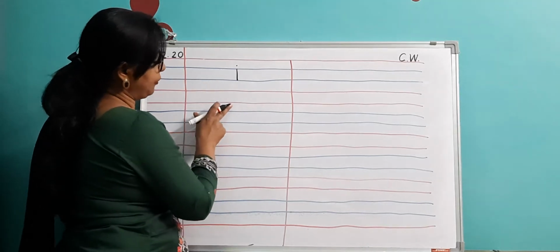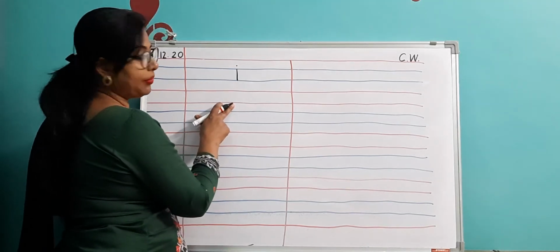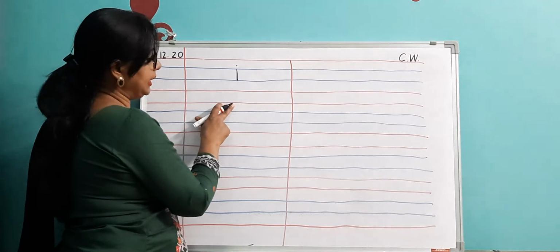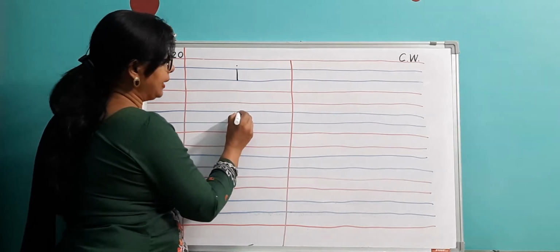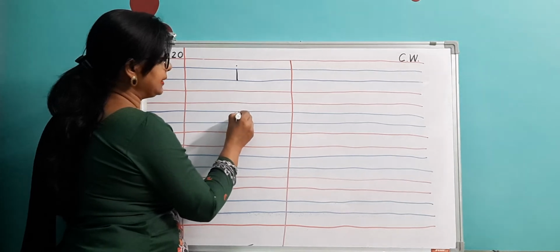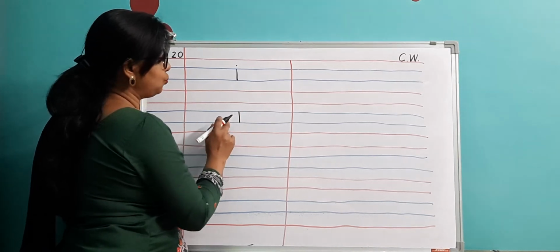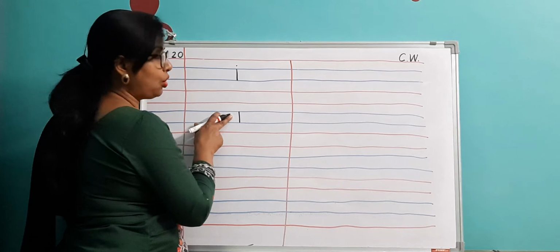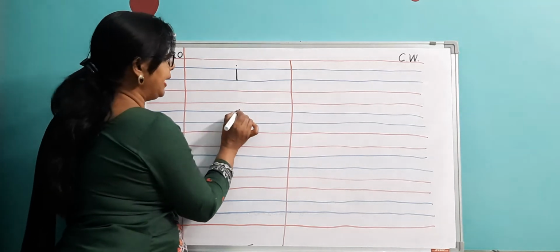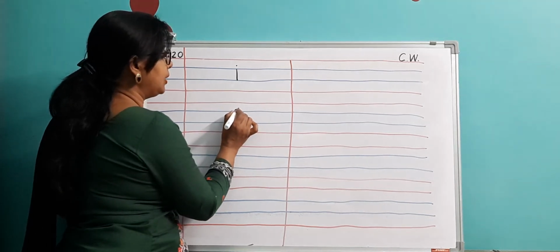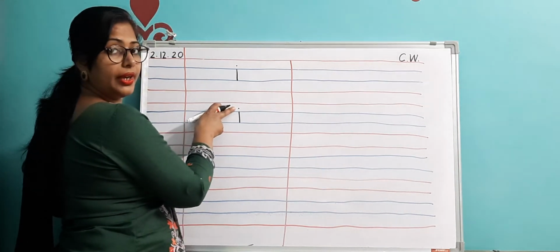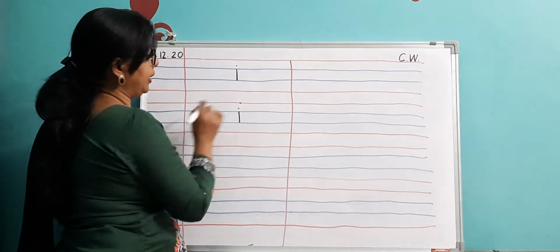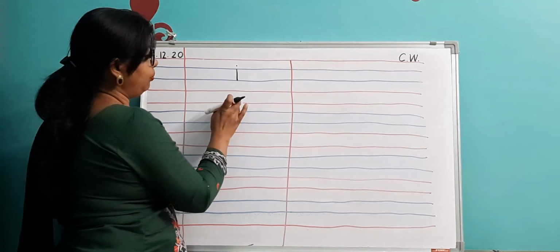Once again, watch it carefully. Leave the first line, come to the second line, blue line, and from the second line till the third line, between these 2 blue lines, you are going to draw a standing line, and then you put a small dot over here. Your dot should not be over here. This will be wrong. Don't put it over here.